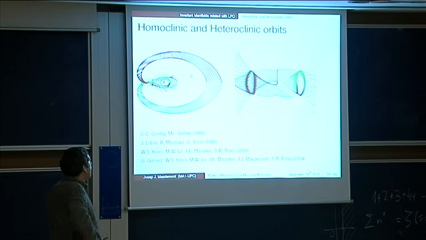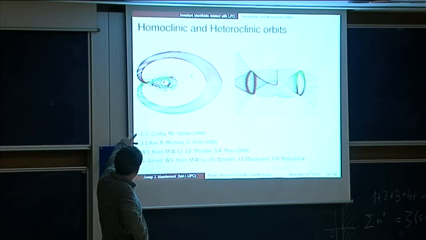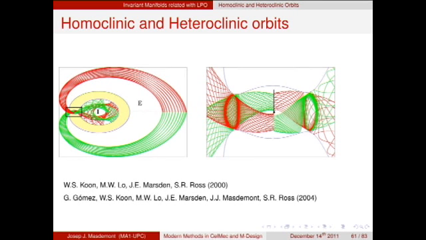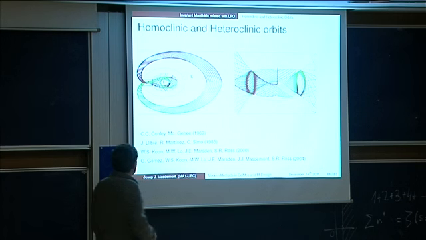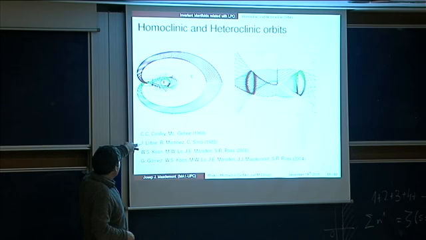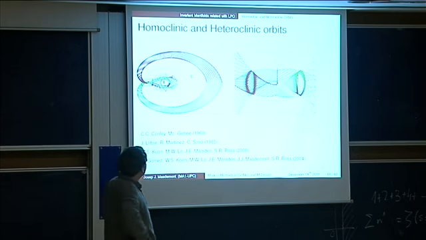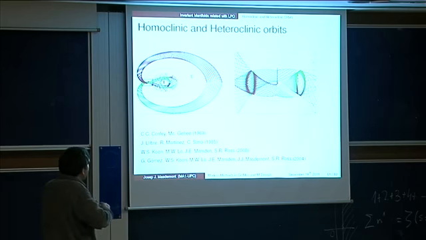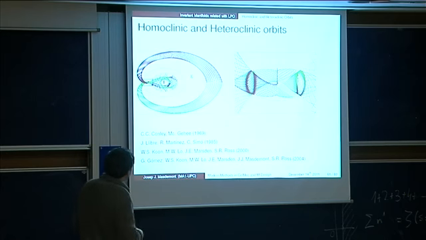Later, in these places, they found that there are homoclinic connections. Homoclinic connections mean orbits asymptotic, both forward and backward in time, to the same libration point orbit. In this work they show the transversality of the intersections of the manifolds, and also that in the Poincaré sections we have cycles.